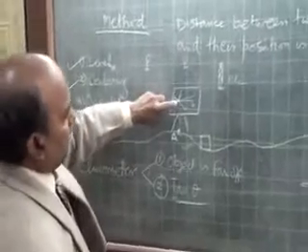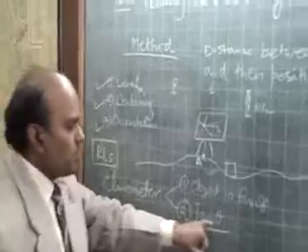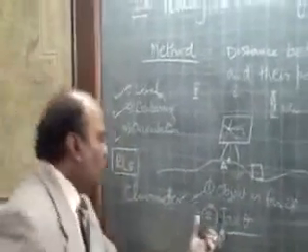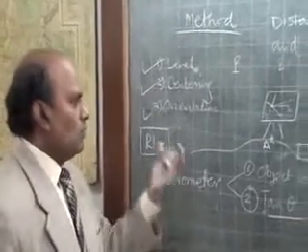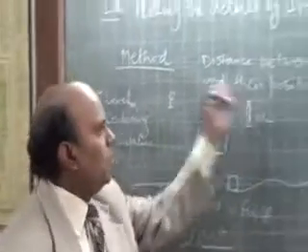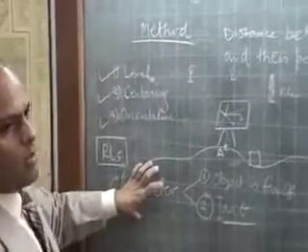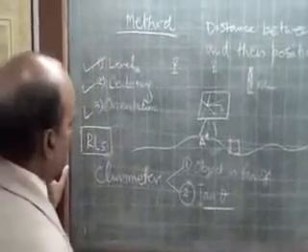Suppose I keep my clinometer here and bisect this pole or this tree or the building, I can get the tangent theta value. Theta is the vertical angle. So the tangent theta value I will get directly from this instrument. So I have to bisect all the objects from A using the clinometer and note down the theta value, tangent theta value.